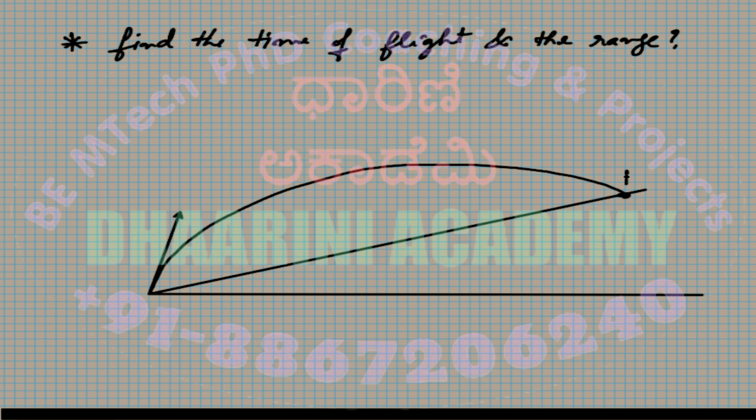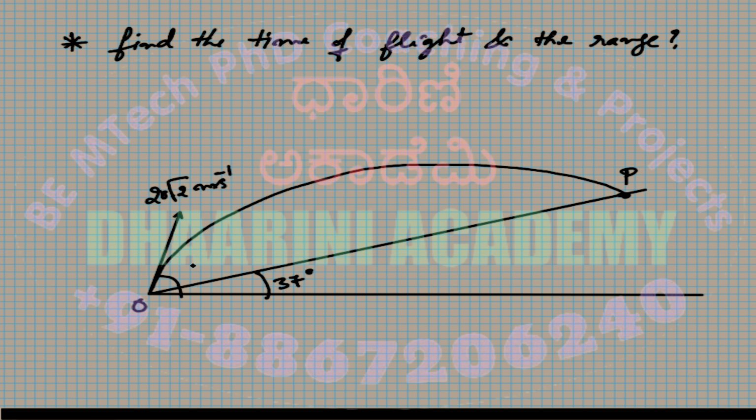This is the point P, this is O, this is 20 root 2 meter per second. This angle is 37 degrees. This angle is 45 degrees.